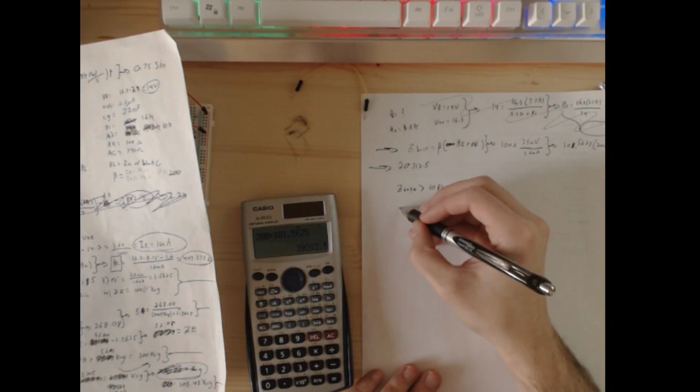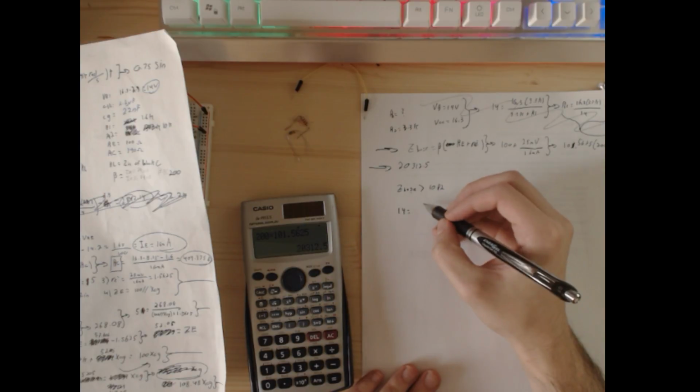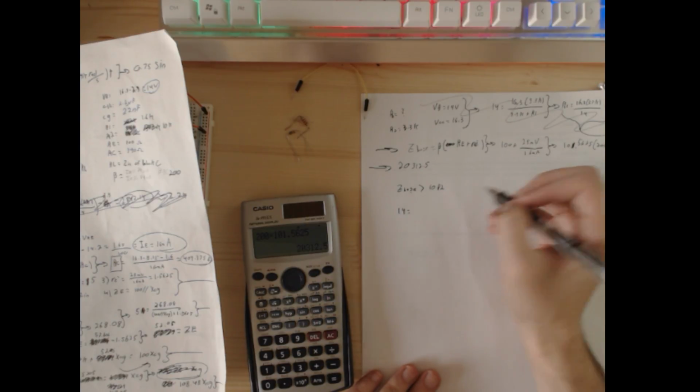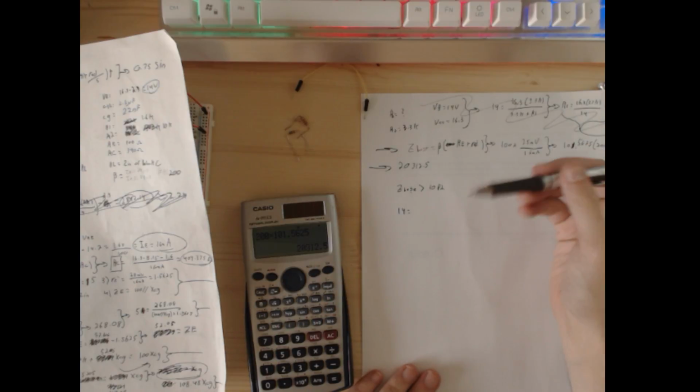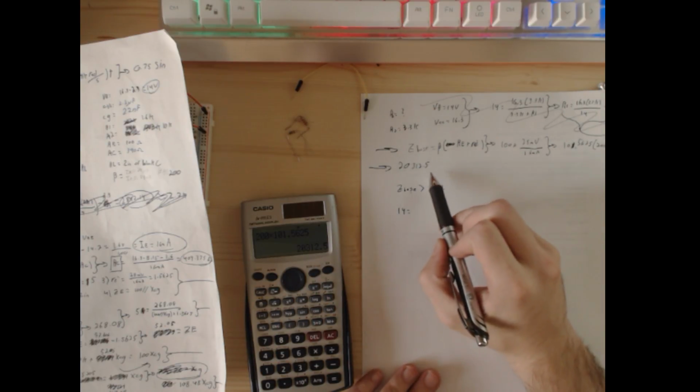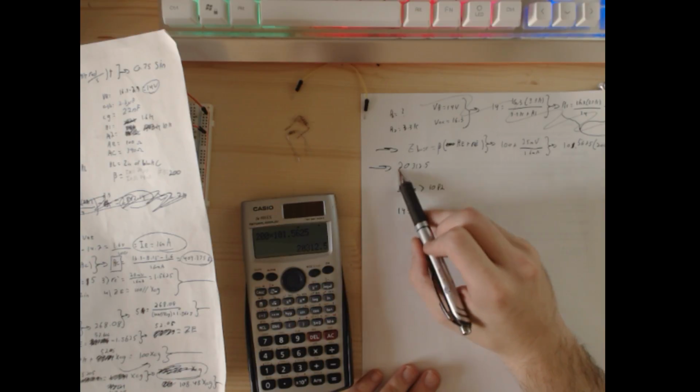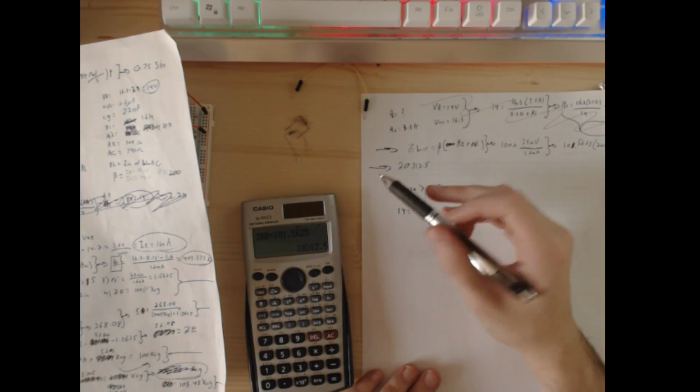We could say that if 14 is equal to, because my thing is 200, so we need to keep our value under 20K.